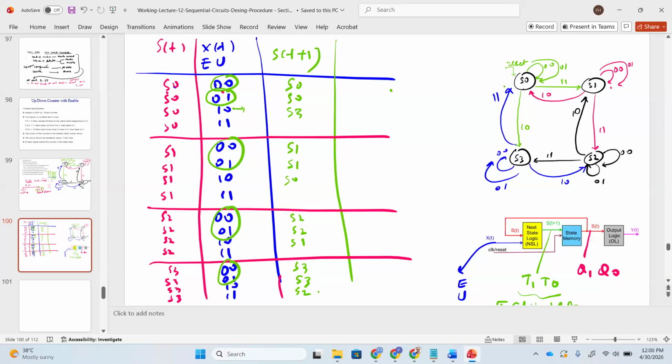Got it? Any question? Clear? And then 11 is up: S0 becomes S1, S1 becomes S2, S2 becomes S3, and S3 becomes S0.